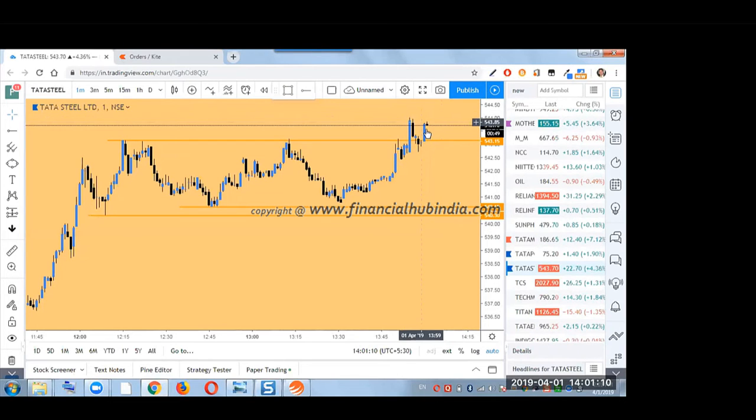If it's not able to go through this last higher high, then I'll be exiting this trade directly on this area over here, because I want this breakout momentum to be alive, and to give oxygen to this breakout momentum. This last high should be broken now, and we should see the next higher momentum.